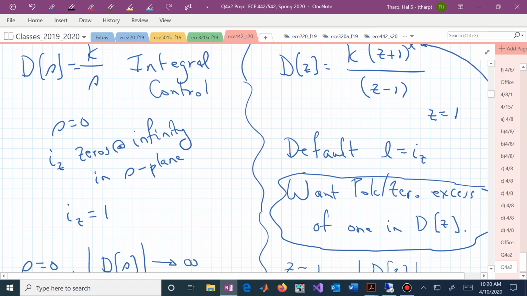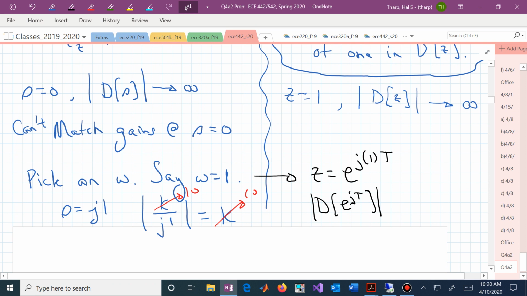And depending on what it is, let's just say we're enforcing a pole zero excess of 1 over here, then we would have a k-bar over e to the jt minus 1. And now you would set these two equal to each other. You have 10 is equal to k-bar over some complex number's magnitude. You can solve for k-bar, and now you have what you need.